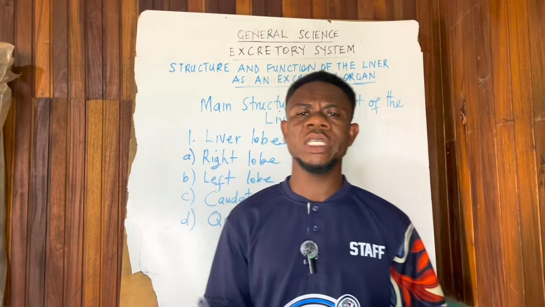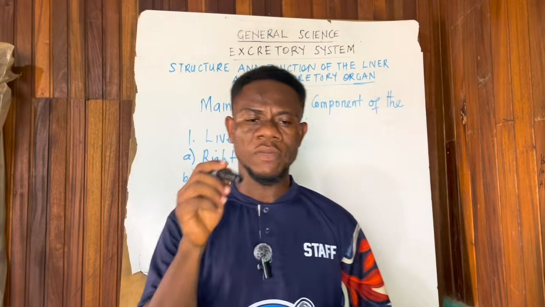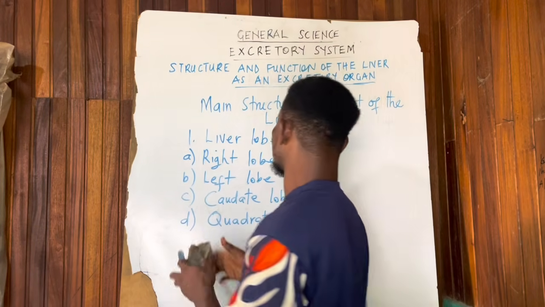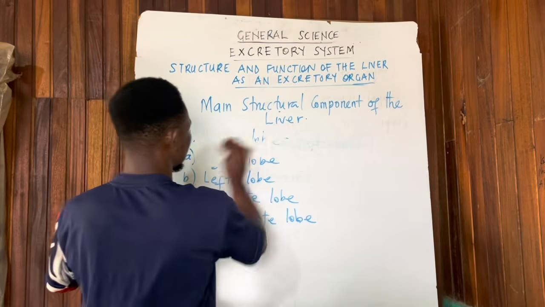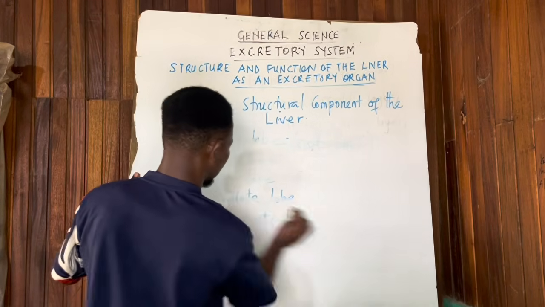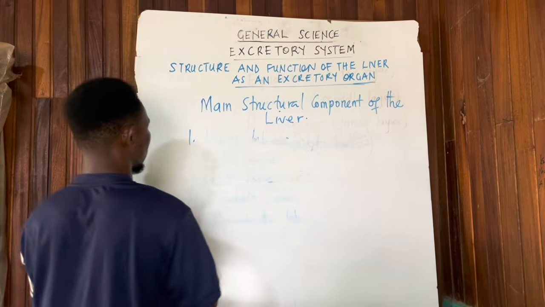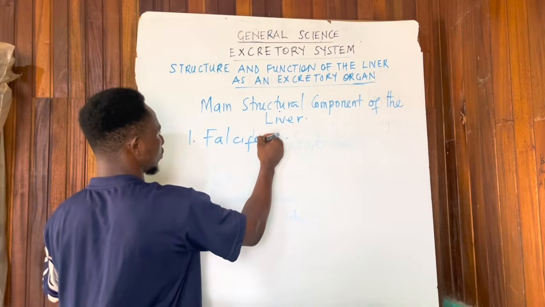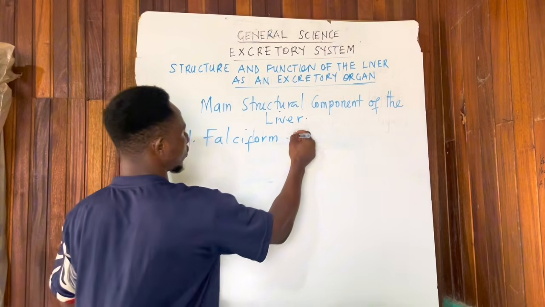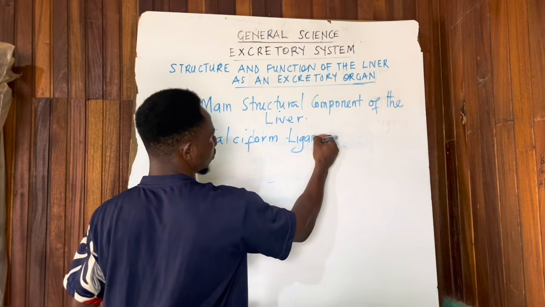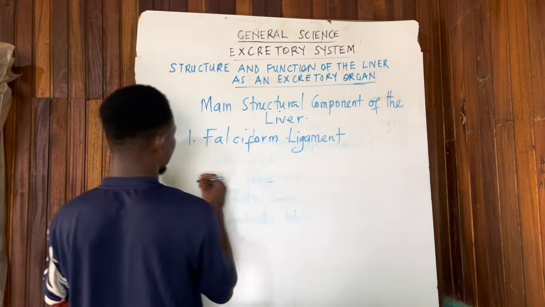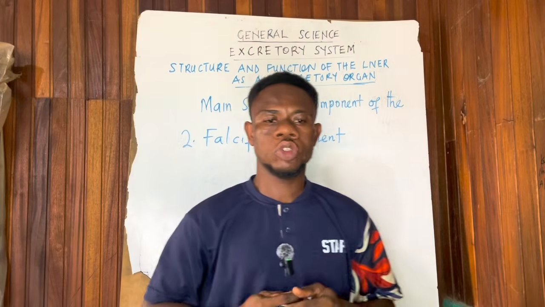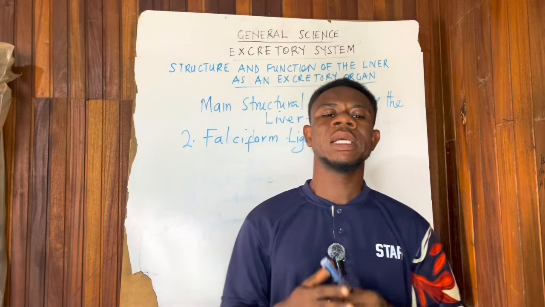We are moving to the second component of the liver, which is the falciform ligament. So two, the falciform ligament.